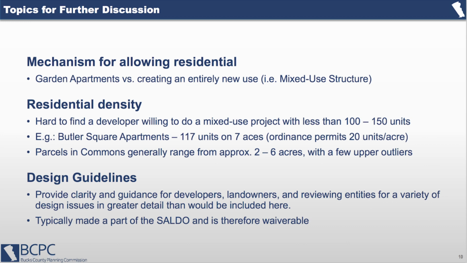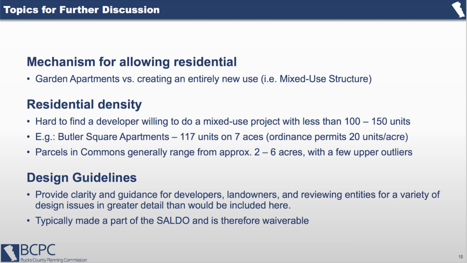As an example, the Butler Square apartments, which is what this photo simulation is based off of, is 117 units on 7 acres, and their ordinance permits up to 20 units an acre.